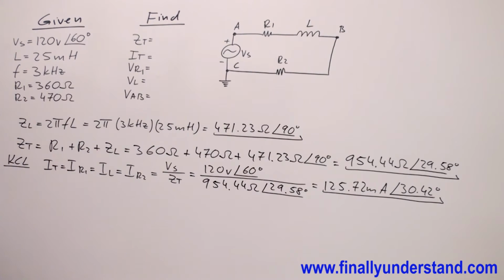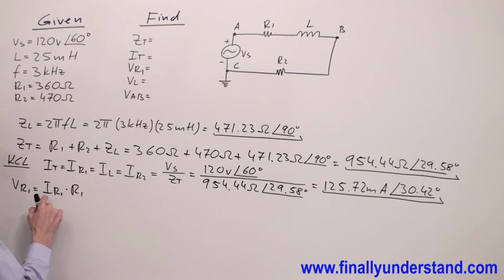Next, we're supposed to find the voltage across resistor R1. So VR1, I'm going to use Ohm's law this time, VR1 is equal to IR1 times R1. Current times resistance gives me voltage.